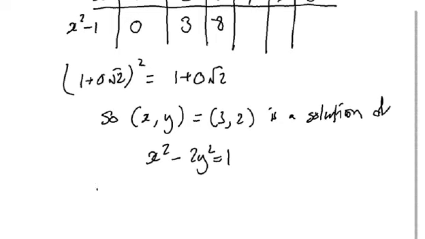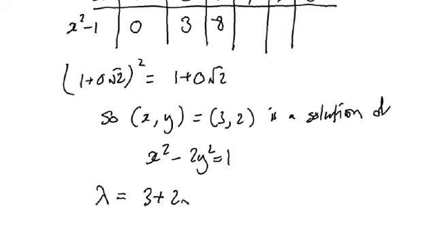So if I now say, let lambda equal 3 plus 2 root 2, that's our algebraic number, which is related to (3, 2). Then what I can do is square it.